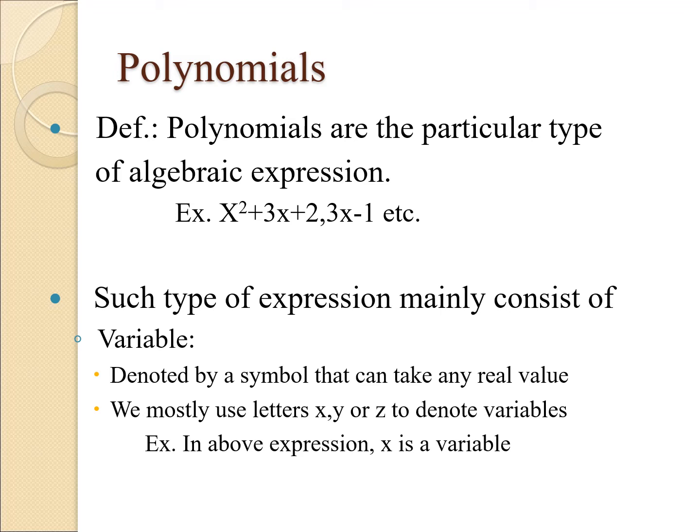Generally, the variable is mentioned in the expression in the form of alphabets like X or Y or Z or P, Q, R. Any alphabet can be used. The term whose value will vary throughout the problem; since its value is varying, it is called a variable. So this is the first part.